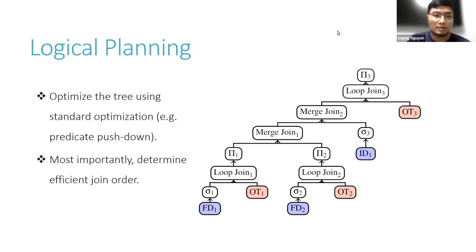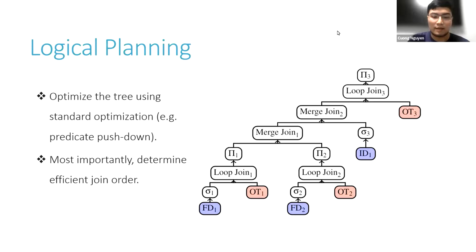SteamDrill optimizes the tree using standard optimizations like predicate pushdown. And most importantly, it determines an efficient join order. So in the figure on the right, you can see the filters, the sigma nodes, are pushed down close to the FD node. The FD nodes are the generator tables. I think it stands for function definition.